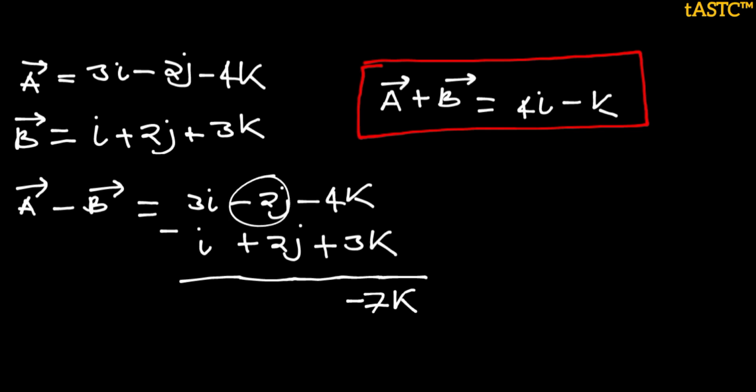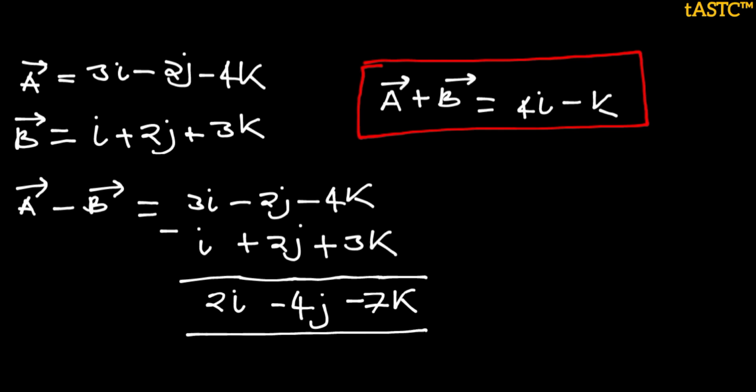Here we're going to have a negative 2j minus 2j, because you're going to have a negative multiplied by positive, which should basically end up producing a negative. So we have a negative 2 minus 2, that will give us a minus 4j. Now here we have 3i minus i, so that is going to be 2i.